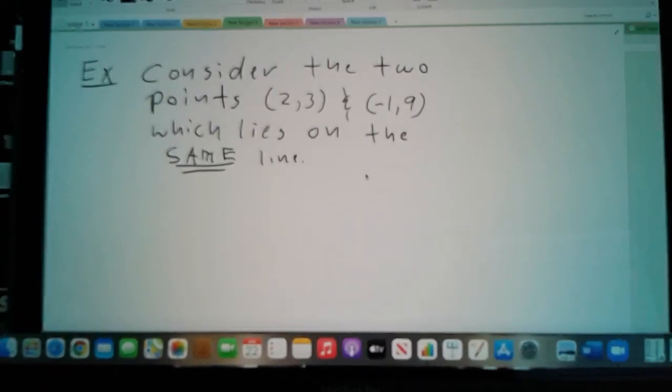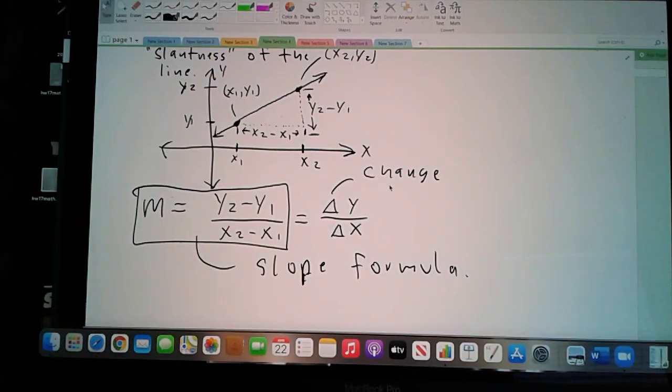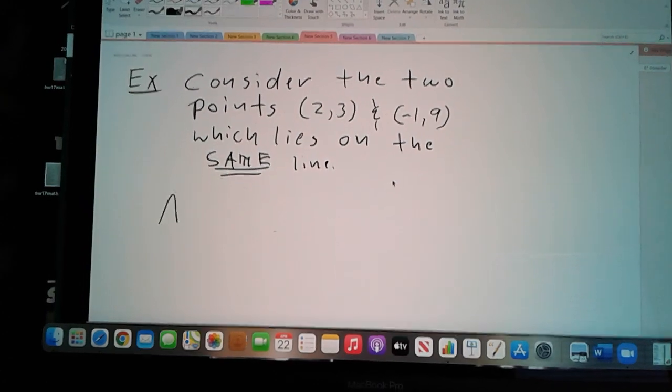So we want to be able to figure out the slope using that formula that we just talked about a minute ago, y2 minus y1 over x2 minus x1. Let's do that.